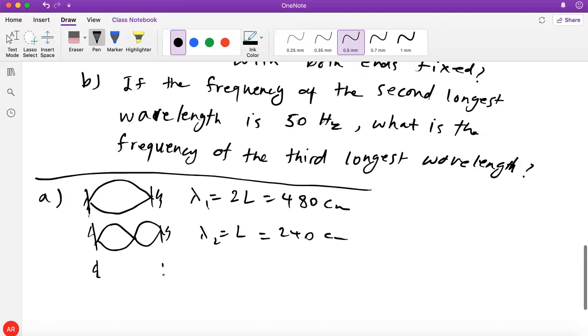And then the next one will have 3 lambda over 2's inside the length, so lambda 3 will be this divided by 3 basically. So 480 divided by 3 is 160 centimeters. Okay, so that's the answer to part A. It just depends on length.